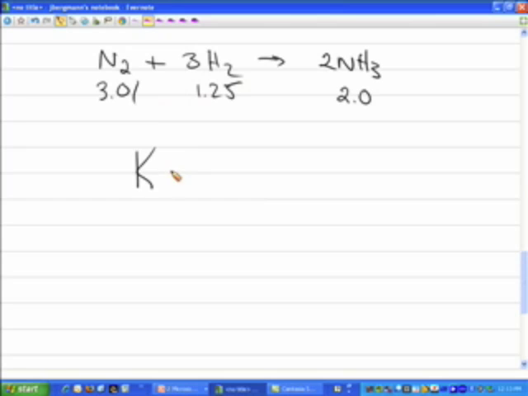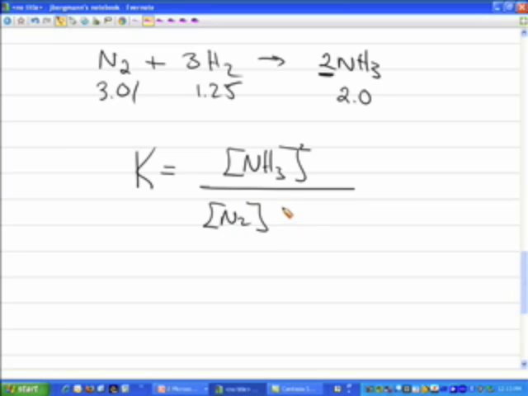So the K expression would be the concentration of the ammonia squared. Why do you need to square it? Because of the 2 coefficient. This is a Kc, remember how we did Ks from chapter 13, over the concentration of the nitrogen.